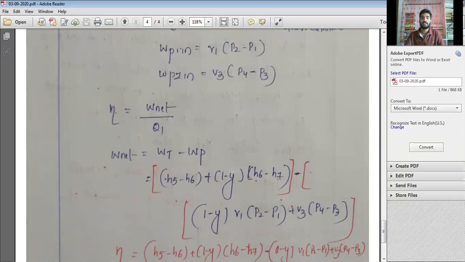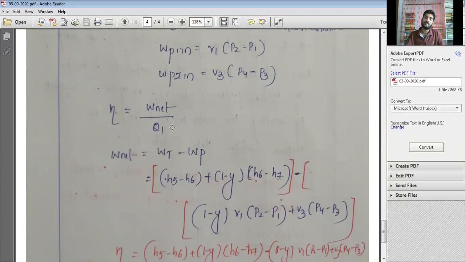Then the pump work is 1 minus Y, V1 into P2 minus P1, plus V3 into P4 minus P3. If you find this equation difficult, you can remove this 1 minus Y. Simply write H5 minus H6 plus H6 minus H7 minus V1 into P2 minus P1 plus V3 into P4 minus P3. This is the net work done.